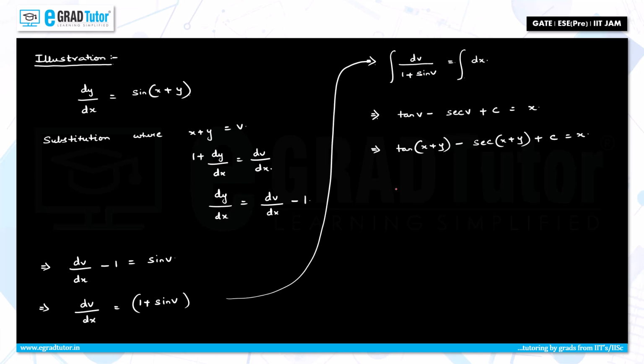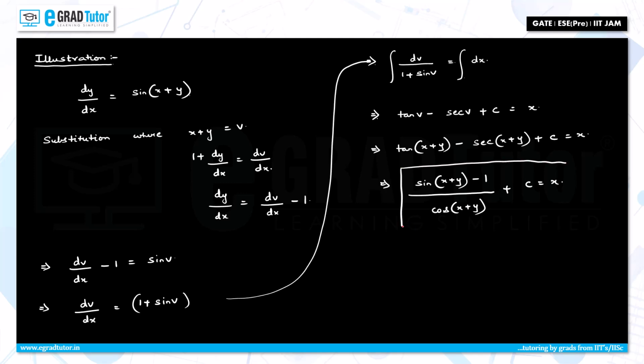So this is nothing but sine of x plus y minus 1 by cos of x plus y plus c is equal to x. So this is the solution for the given differential equation.